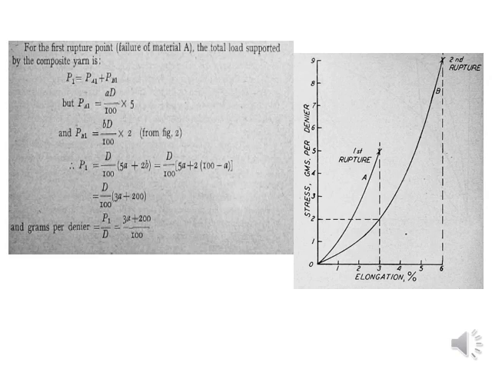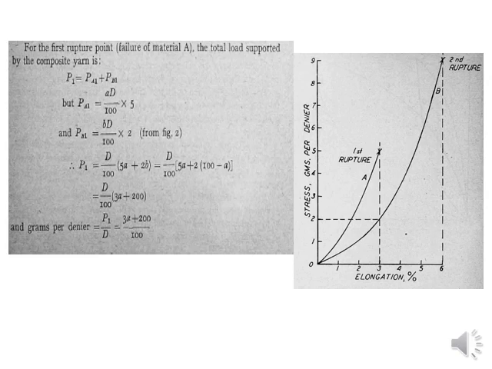Now at the first rupture point, in a blended yarn, when the yarn is extended to an elongation of 3%, fiber A will rupture. But what will happen to fiber B? It will also extend to 3%, but it will bear a load of 2 gram per denier in the blend yarn.